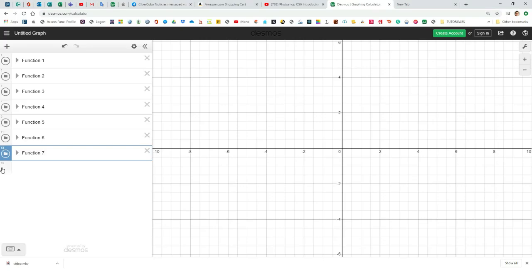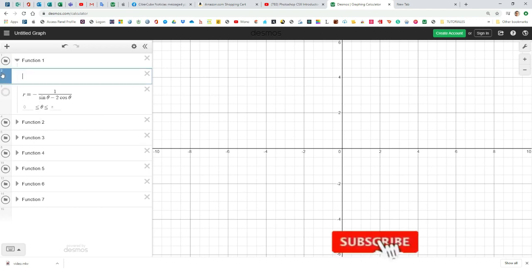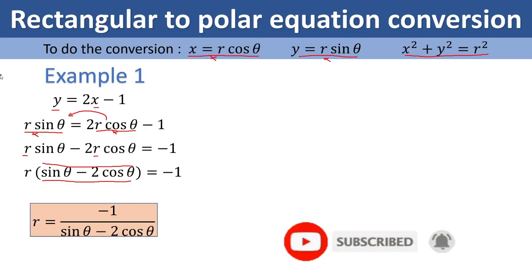We're going to do now an example of this in the graph. My first function, f1, we find this one. Now let me add another function. The line in my example is y equals 2x minus 1.